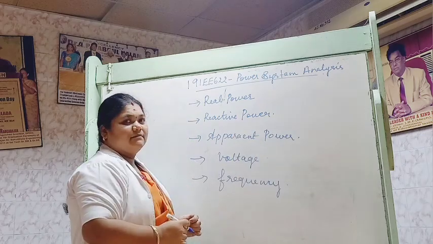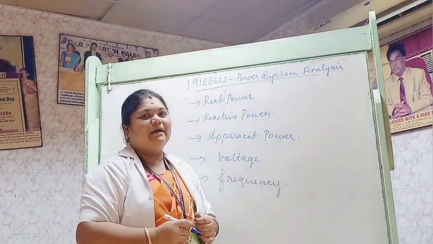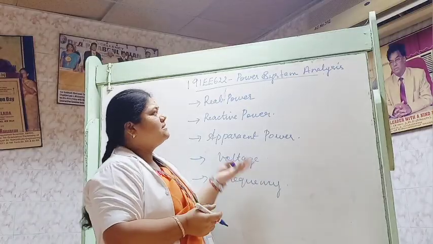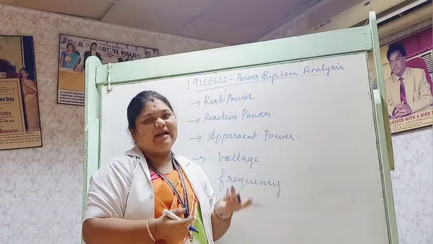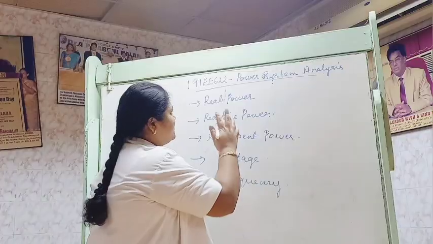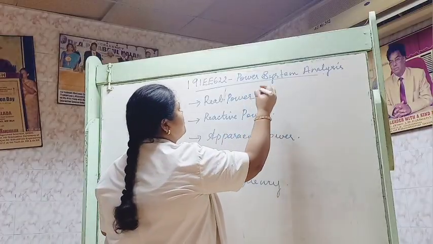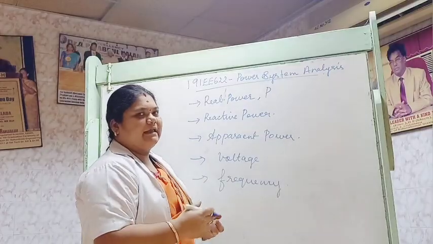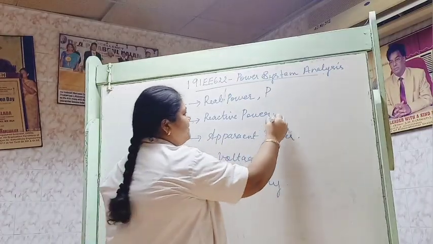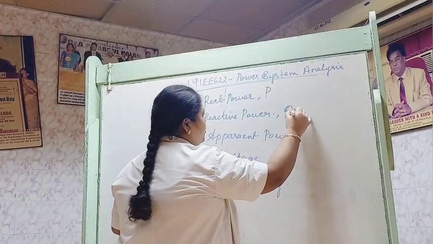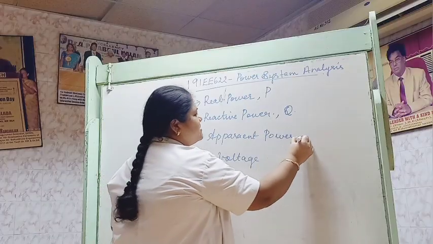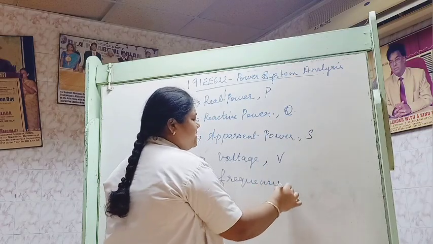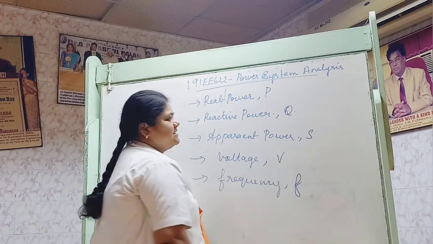These are the electrical quantities, or parameters, we are going to handle in our power systems. First, real power, whose notation is P. Reactive power is Q, apparent power is S, voltage is V, and frequency is F.